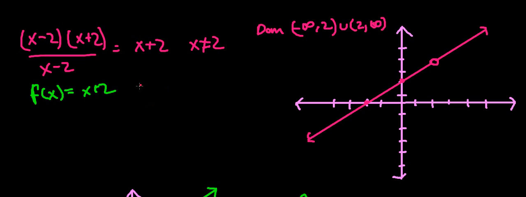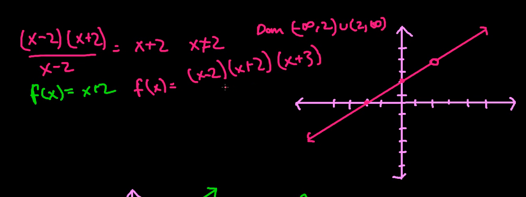Let's say we had a different function. Let's say f of x is equal to x minus 2, x plus 2, and then how about x plus 3, and in the denominator I had x minus 2 and x plus 3. So what would this look like?